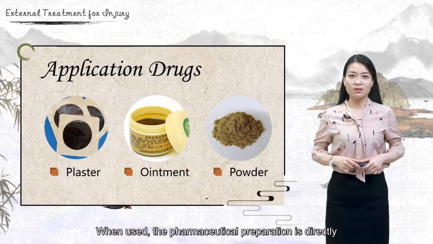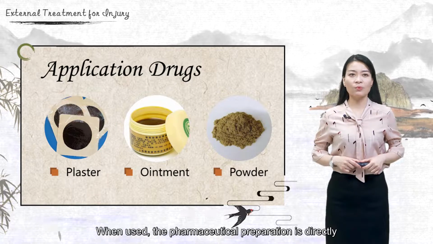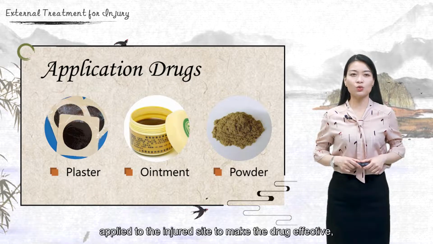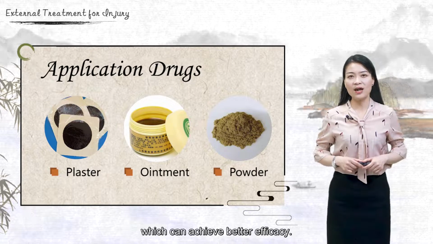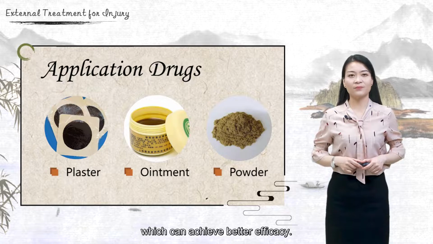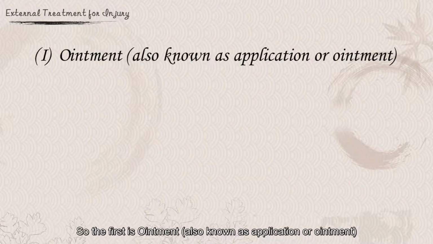When used, the pharmaceutical preparation is directly applied to the injured site to make the drug effective, which can achieve better efficacy. So, the first is ointment, also known as application or ointment.